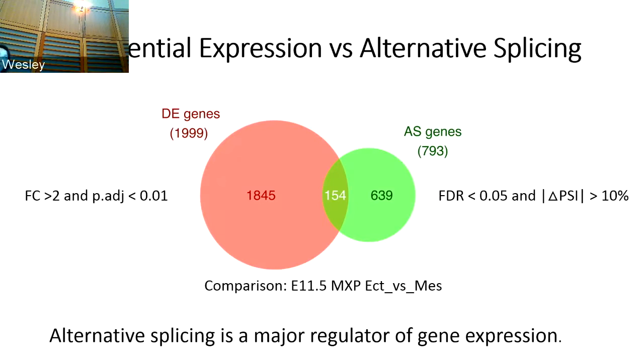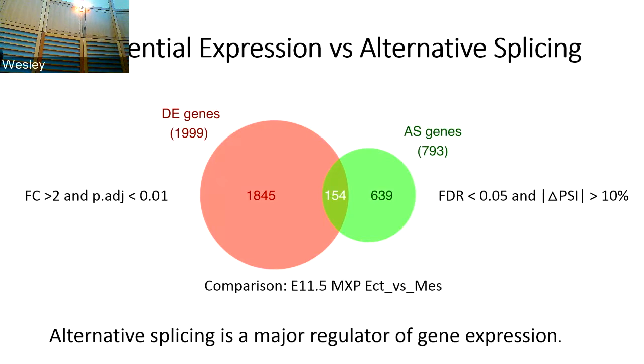So here we take differentially expressed genes and also alternatively spliced genes for one comparison, like 11.5 maxilla ectoderm versus mesenchyme, with different cutoffs. I want you to pay attention to this one, the delta PSI. It's the difference in percent spliced in, which is larger than 10% here.